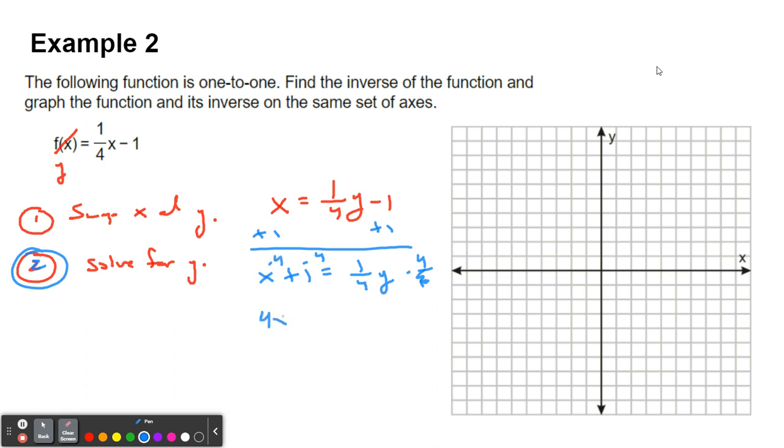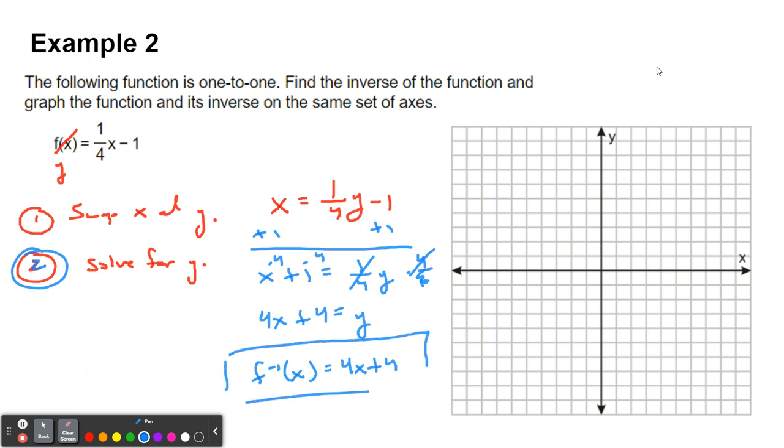So this becomes 4x plus 4. And over here, the 4 and the 1/4 cancel, and you get y. And there we go. Now, we're going to replace y with f inverse of x. So f inverse of x equals 4x plus 4. And this is our inverse function.